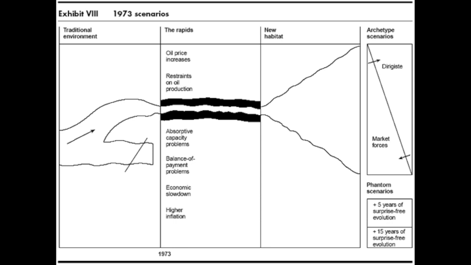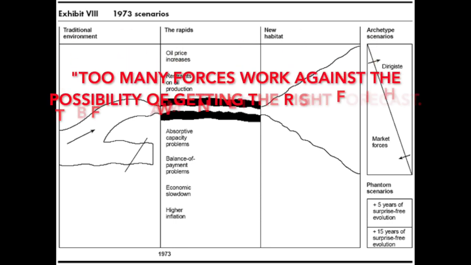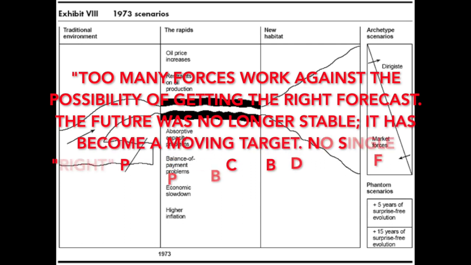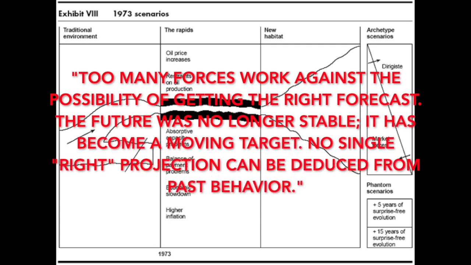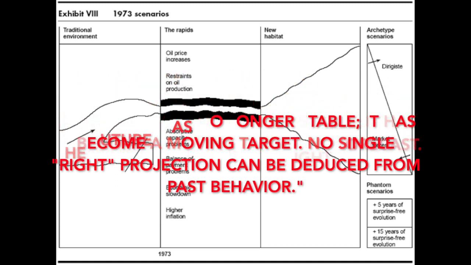For Wack and his team of radical experimenters, they proposed something completely different. Writing on the development of scenario planning, Wack said, quote, "Too many forces work against the possibility of getting the right forecast. The future was no longer stable. It had become a moving target. No single right projection can be deduced from past behavior." End quote.